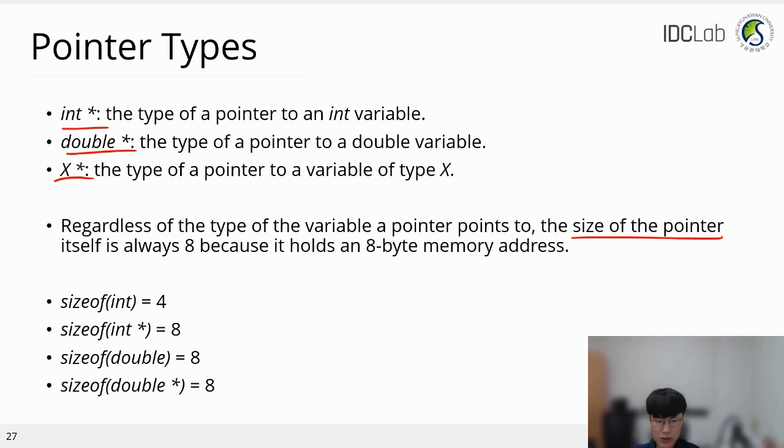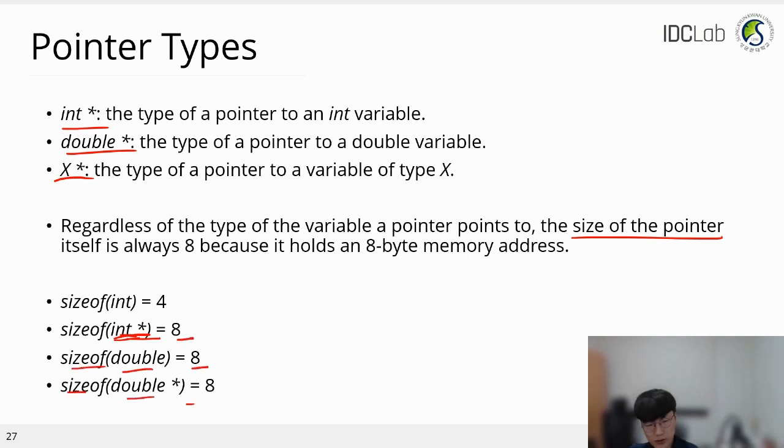So int star, the size of the variable that an int star pointer points to is 4 bytes, right? But the pointer variable itself takes up 8 bytes regardless of the type of the variable that it points to. So size of int star is 8, size of double star is also 8.